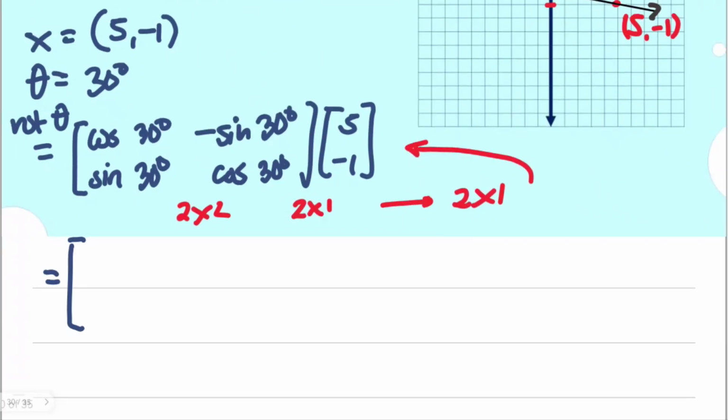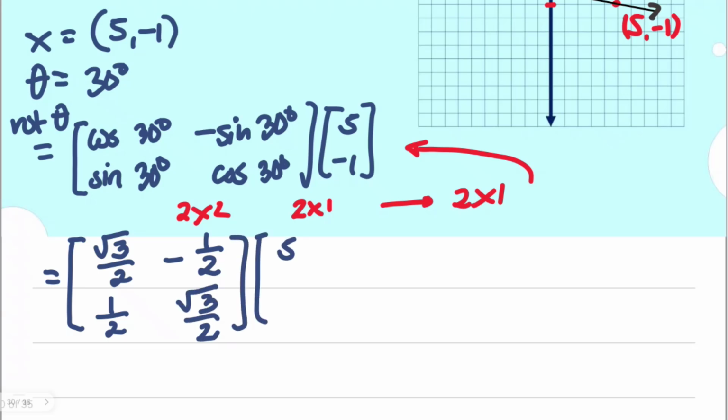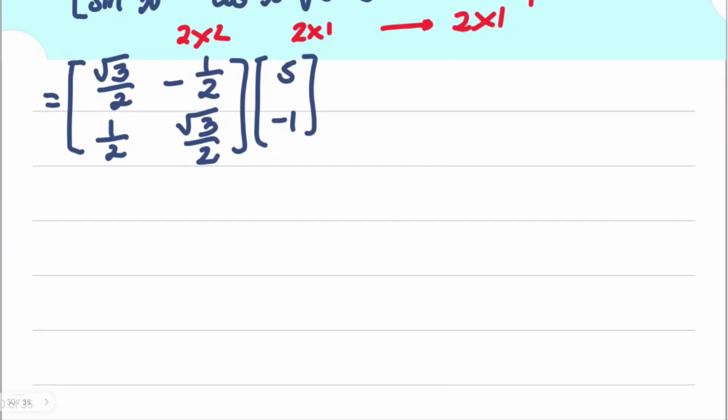Cosine 30 is square root of 3 over 2. Sine 30 degrees is 1/2. Sine 30 degrees is still 1/2, but you have negative 1/2 here, and cosine is square root of 3 over 2, times the components 5 and -1. Take note that when you multiply, you need to use the correct components.